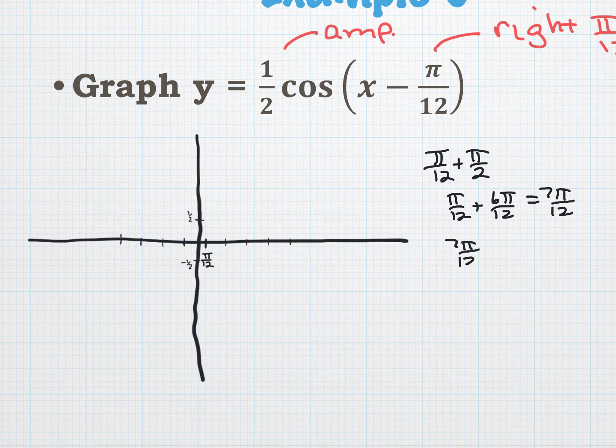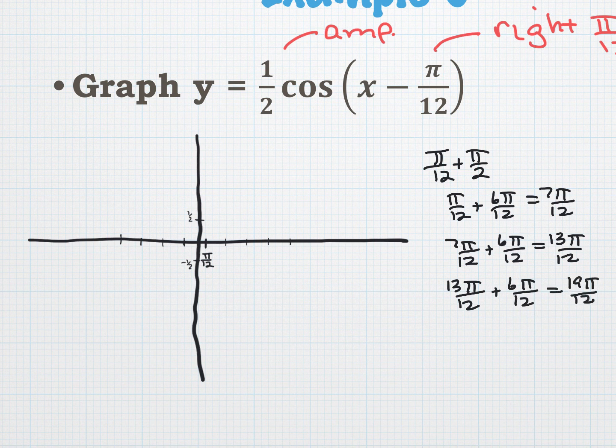Take that newly calculated number, add 6 pi/12 again, 13 pi/12. Do it again, 6 pi/12, 19 pi/12. Do it one more time, and I get 25 pi/12. These are going to be the 4 points to the right.